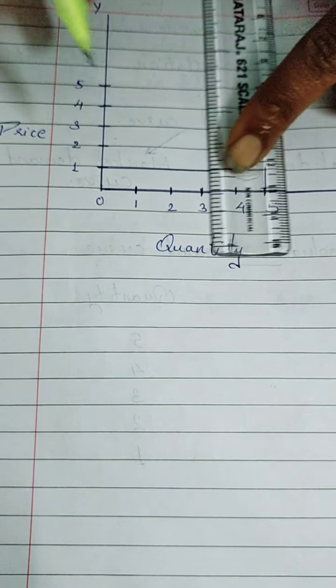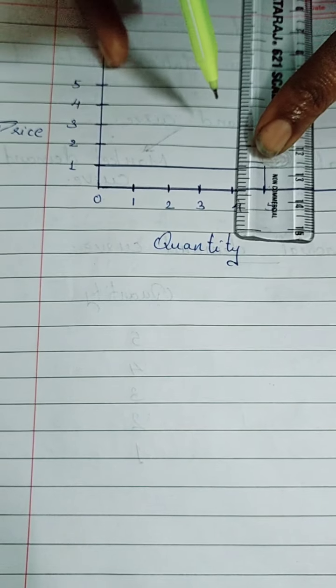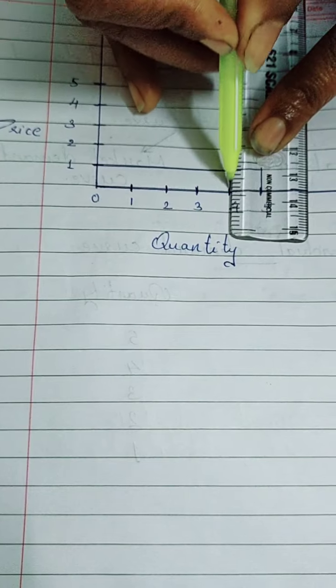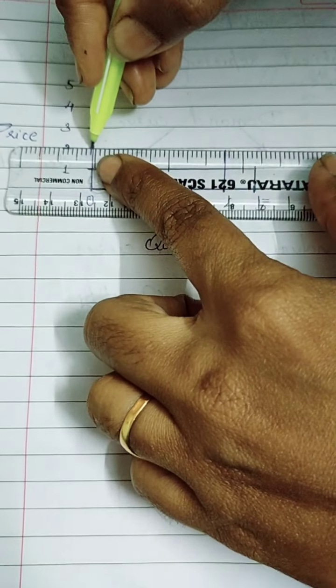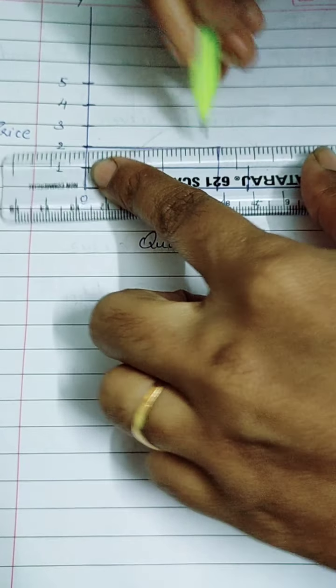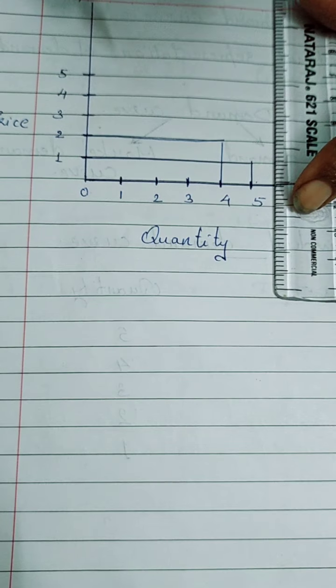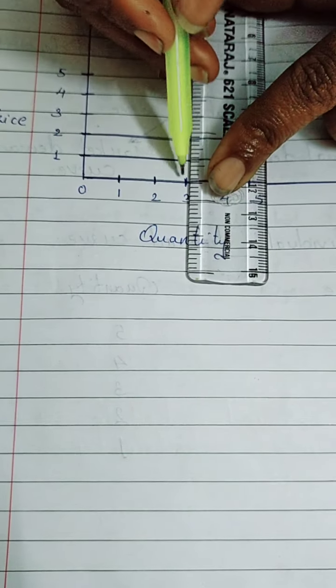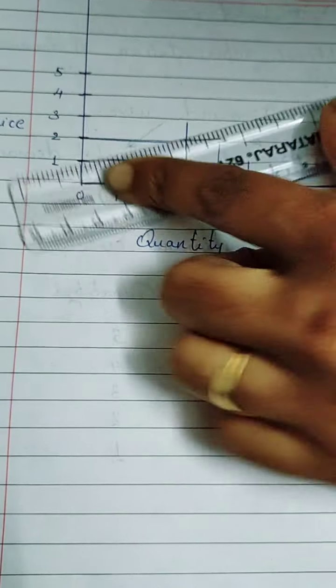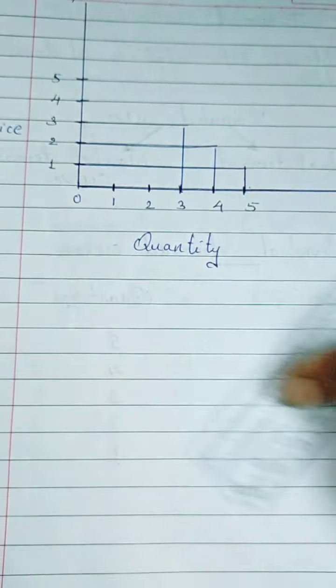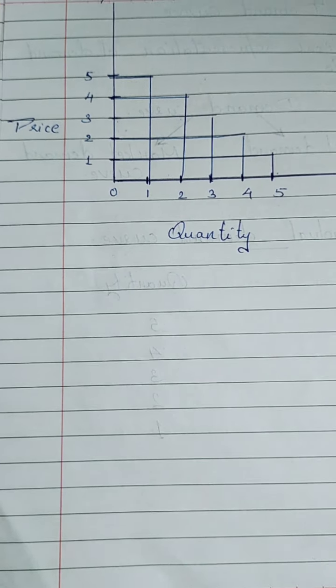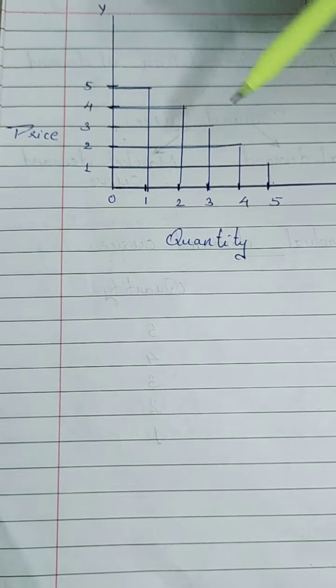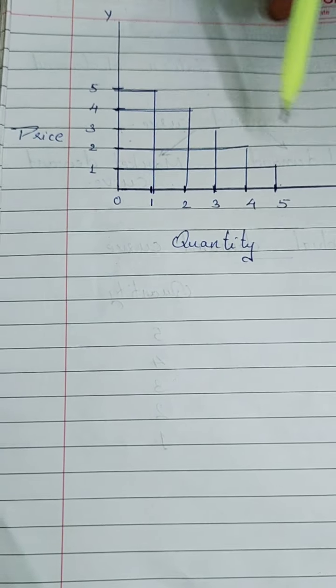Then when the price was 3, the quantity is 3.